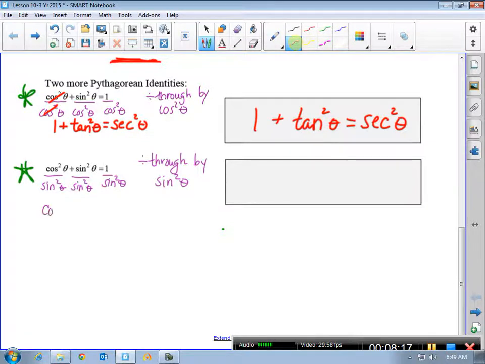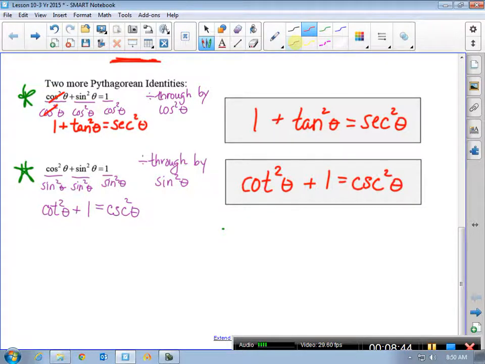Cosine over sine gives us cotangent. Sine squared divided by sine squared is, of course, 1. And 1 over sine squared is our very last function, cosecant. So now we have our last identity, cotangent squared theta plus 1 equals cosecant squared theta.